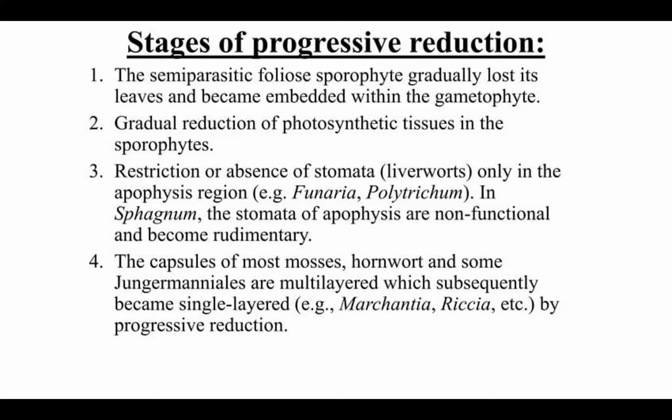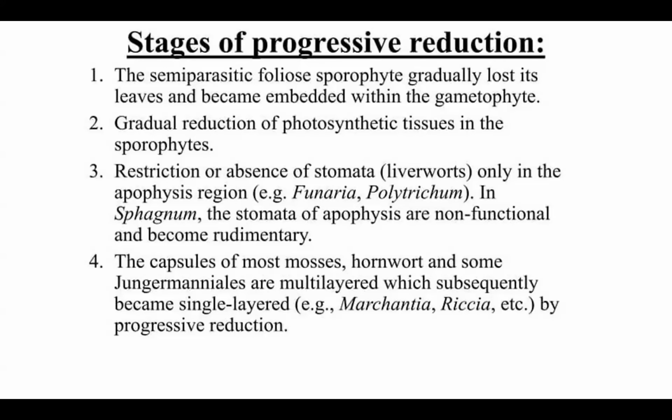The capsule wall of most mosses, that is Bryopsida, hornworts, that is Anthocerotopsida, and some Jungermanniales is multi-layered, which subsequently becomes single-layered. The multi-layered covering of the capsule is primitive.